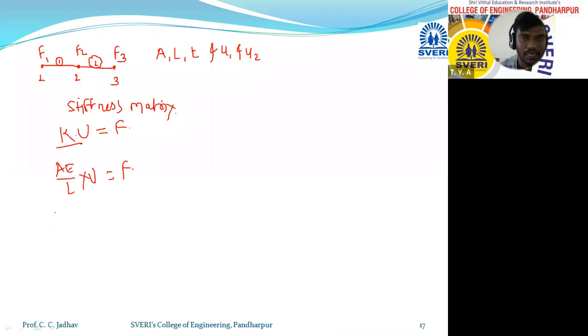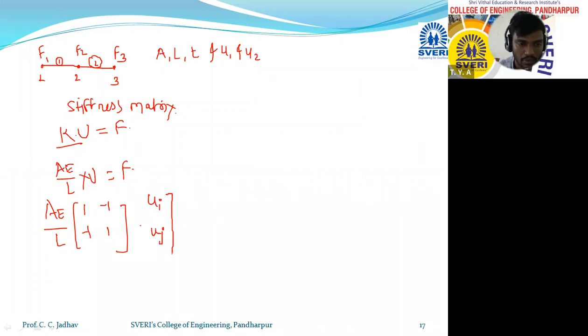So I will rewrite it. The matrix formula for the stiffness K is AE by L times the matrix 1 minus 1, minus 1 1, into the U matrix, that is Ui, Uj, equal to the force matrix Fi, Fj.